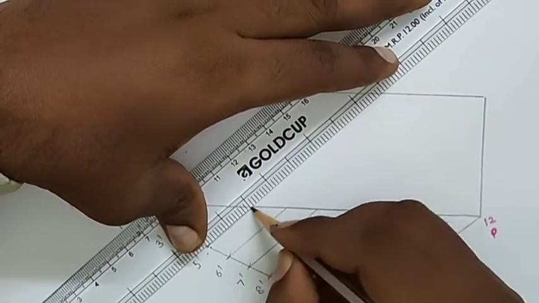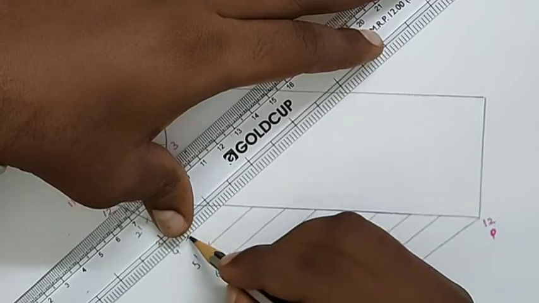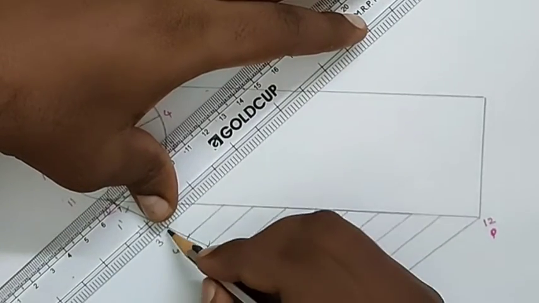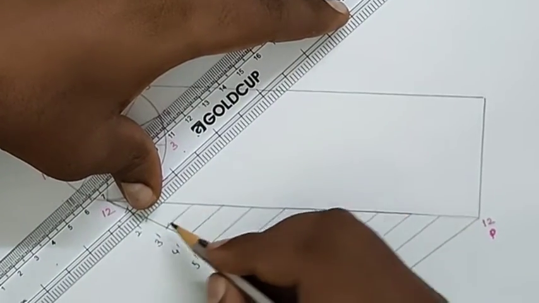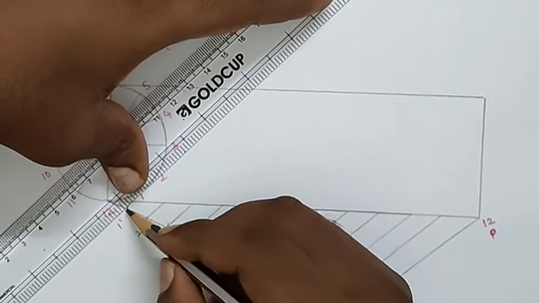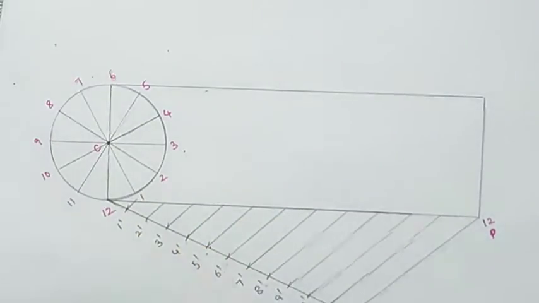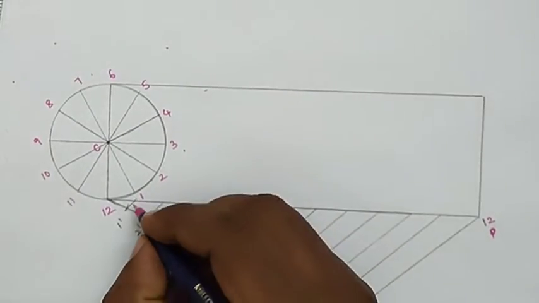Actually, these lines are drawn using our mini drafter neatly, without any error. So on the baseline, we will get the points.